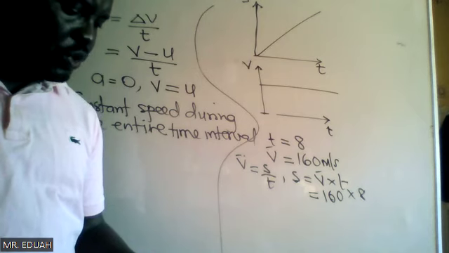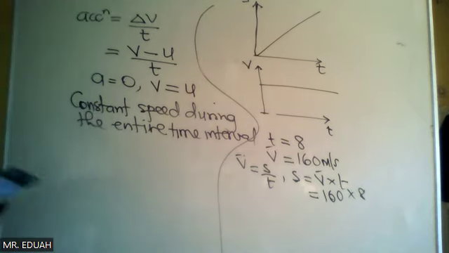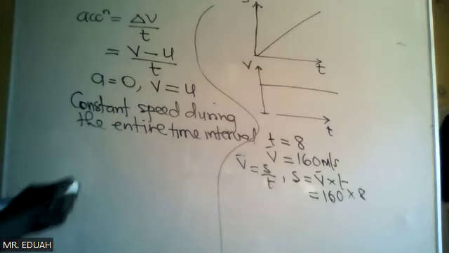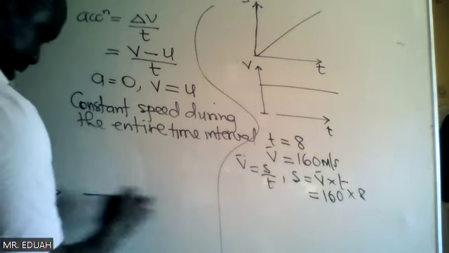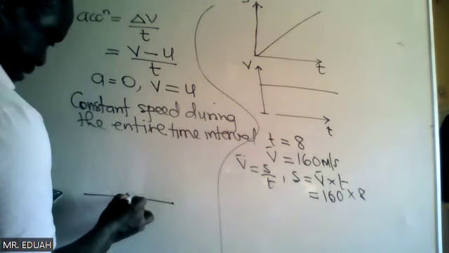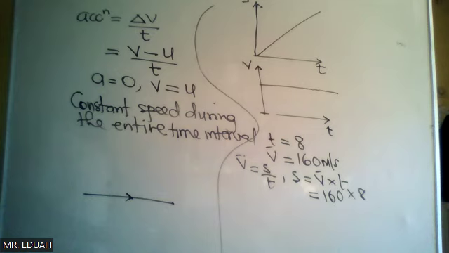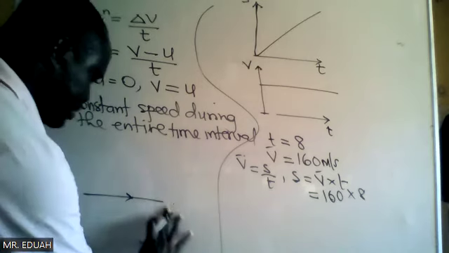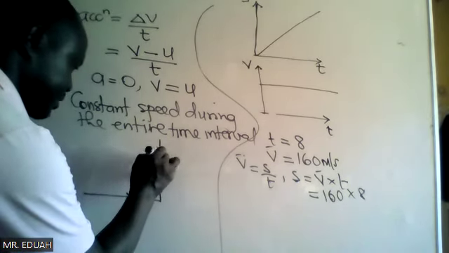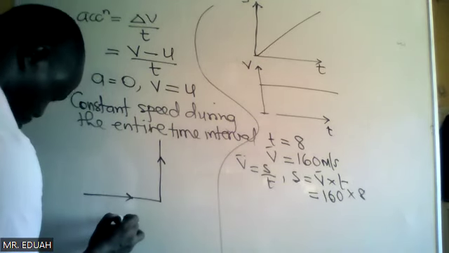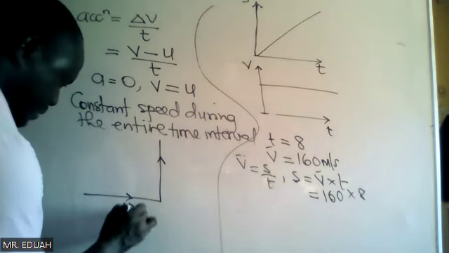Question 8. An object is displaced 12 meters to the right. Let me draw. This is my right. And then 16 meters upward. It is also displaced 16 meters upward. This is 12.